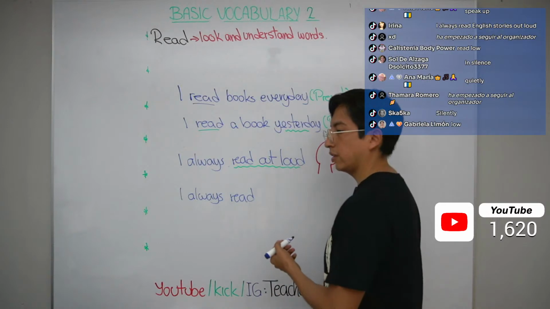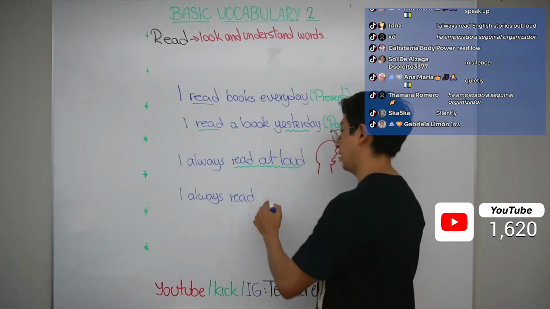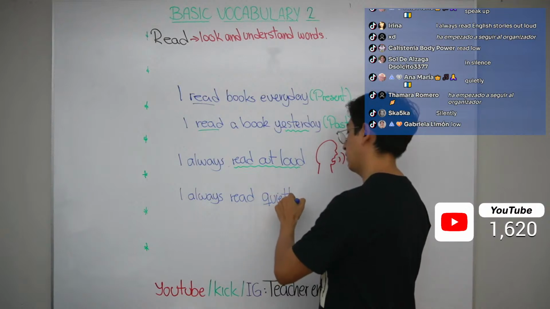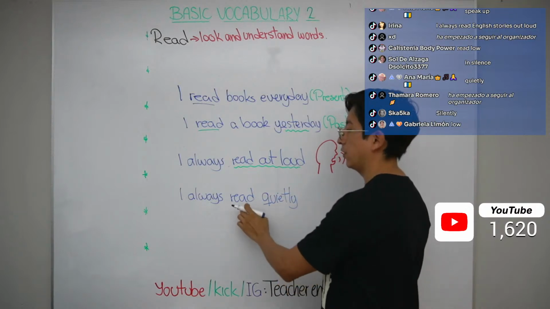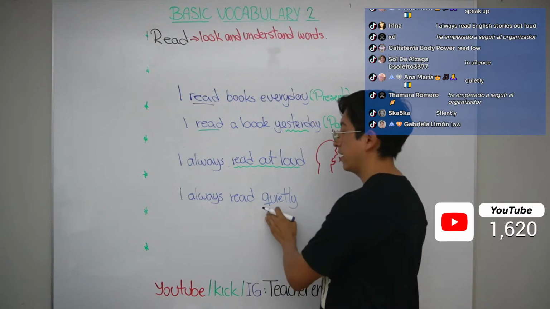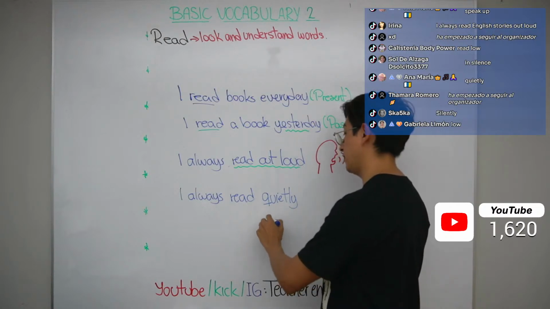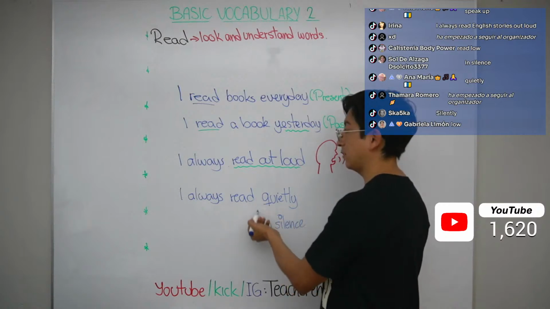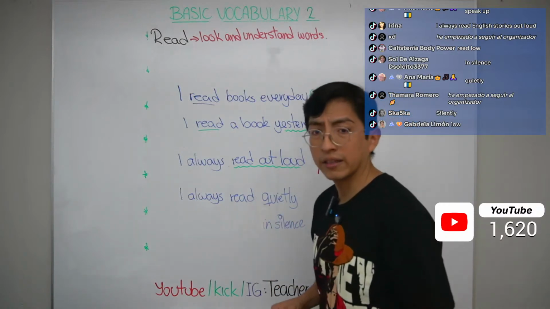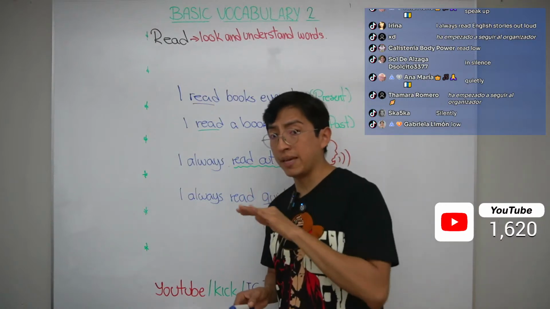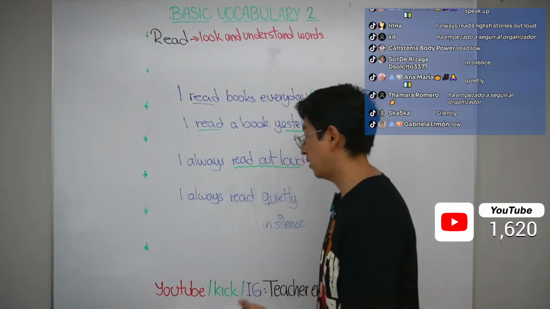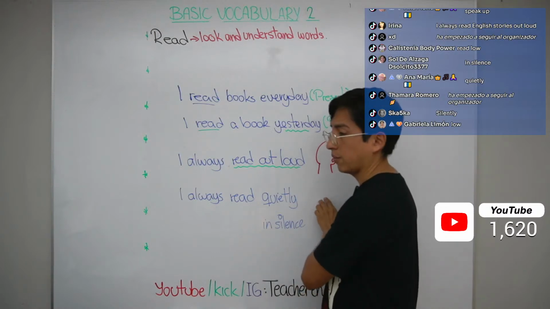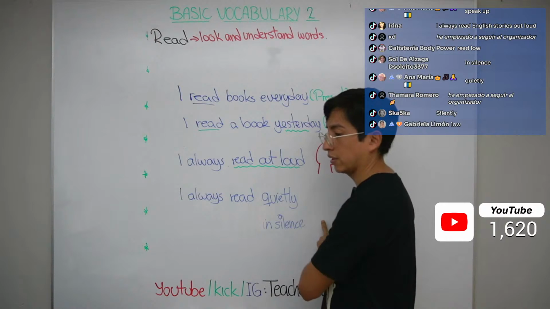We're gonna use here quietly. I always read books quietly or in silence. Okay, that is the opposite. Quietly. It means I don't make any noise. Or I always read in silence. So these are some of the sentences that you can use here.